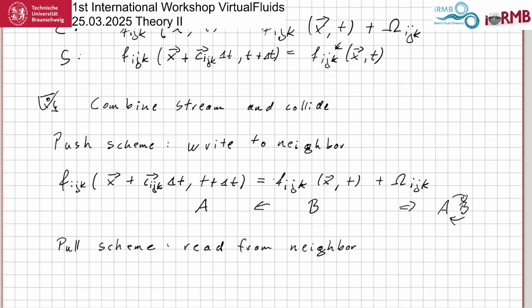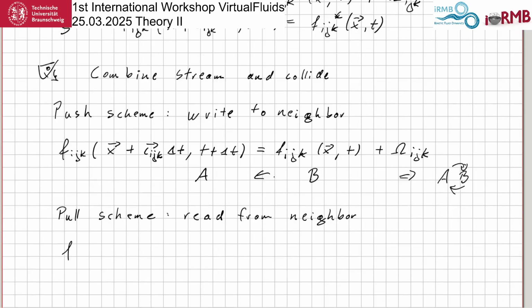This is F_ijk at x and t plus delta t, and you're getting this from your neighbor, so at x minus C_ijk delta t, at time t.